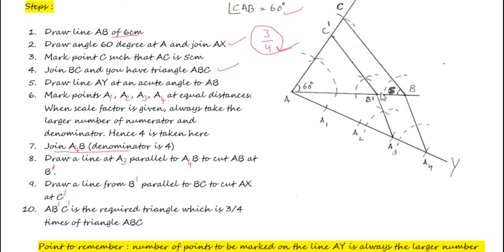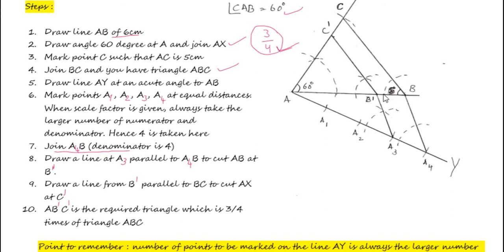Now from B dash, draw a line parallel to BC to cut line AX at C dash, just like what you have done earlier. That is, draw an arc at B and at B1 also draw an arc with the same radius.